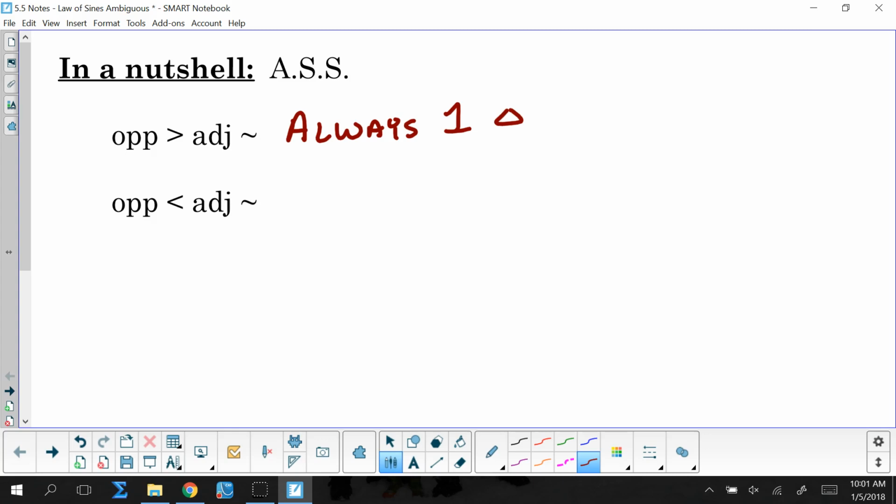If the adjacent side is longer than the opposite side, then we're in that case of: is it an acute angle or not an acute angle?